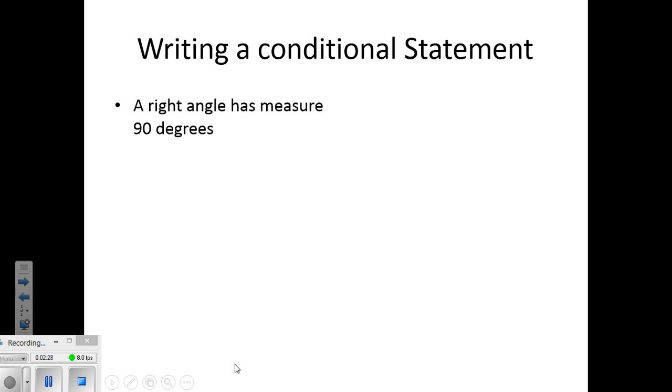From a statement here. So the statement is a right angle has a measure 90 degrees. So we want to write this as a conditional statement, that is, with a hypothesis and then a conclusion. It might easily be stated as, if an angle is right, then it measures 90 degrees.